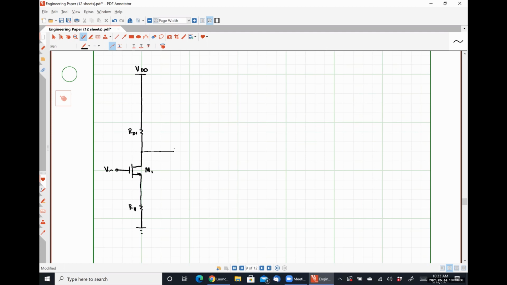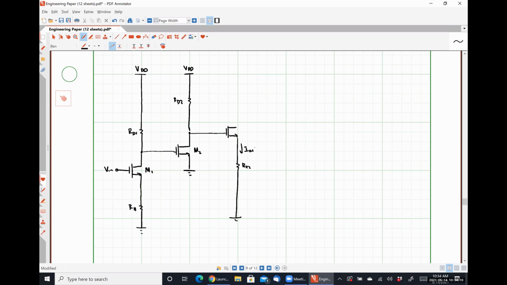Then over here, here is RD2. This is transistor M2. This is resistor R22.